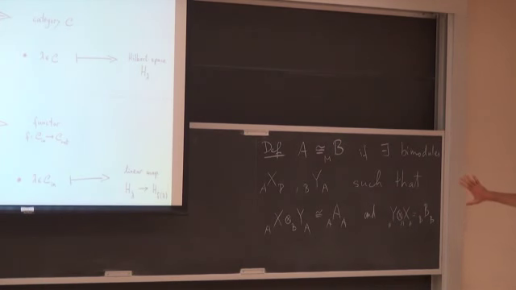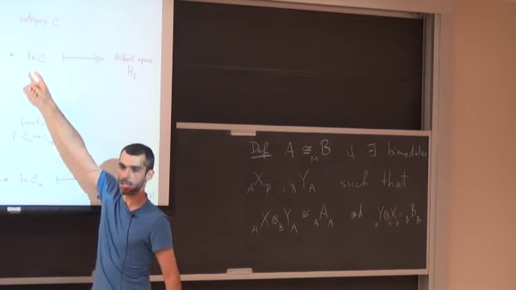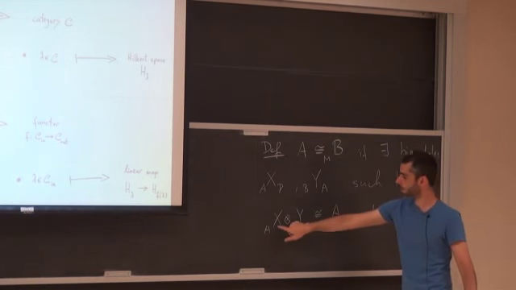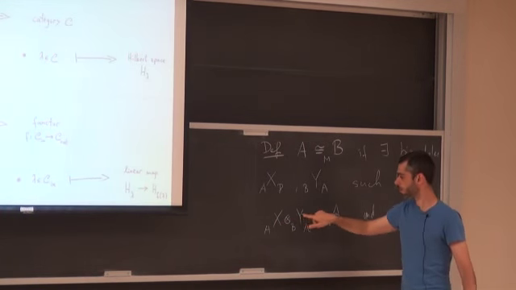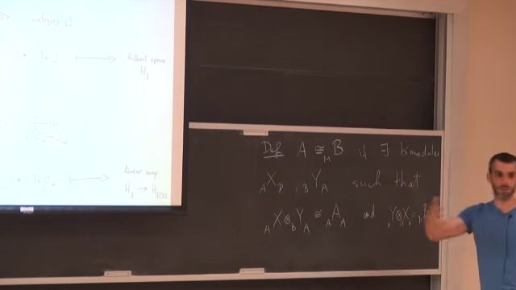Now, all these things are objects in the tensor category C, so you need to make sure you understand what it means to tensor an object with another object over an algebra object. So this is defined as some kind of co-equalizer.